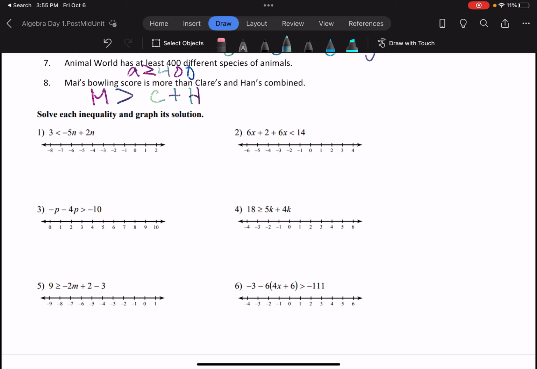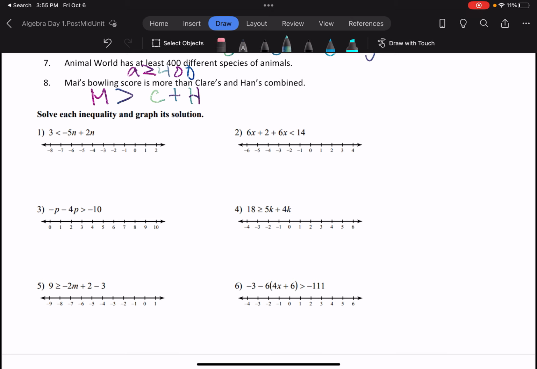When we solve inequalities, we're solving them the same way we solve equations, right? The only thing that's different is that if we divide by a negative coefficient, then we have to switch our sign. That's the only thing that's different.